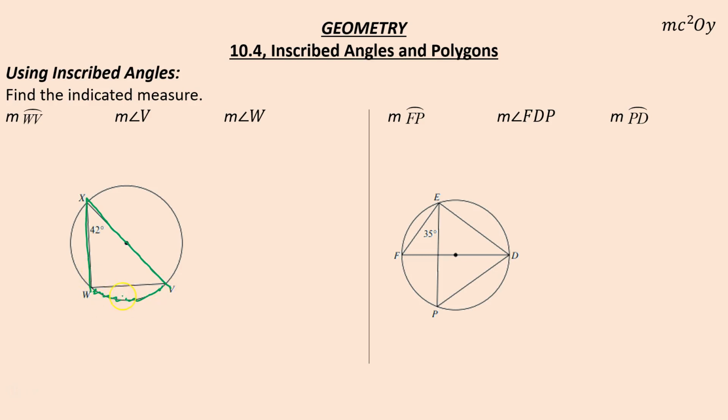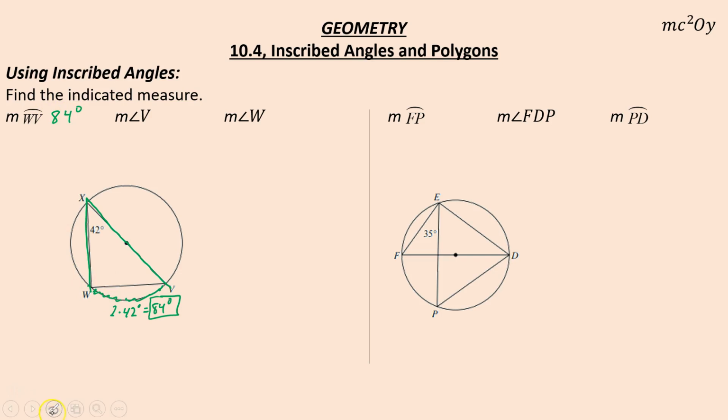Okay, it's at the end of that angle. So what we know is that twice the measure of WXV is this arc. So 2 times 42 is equal to 84.